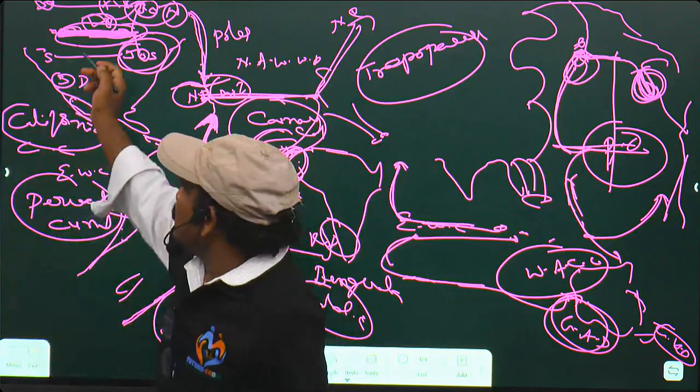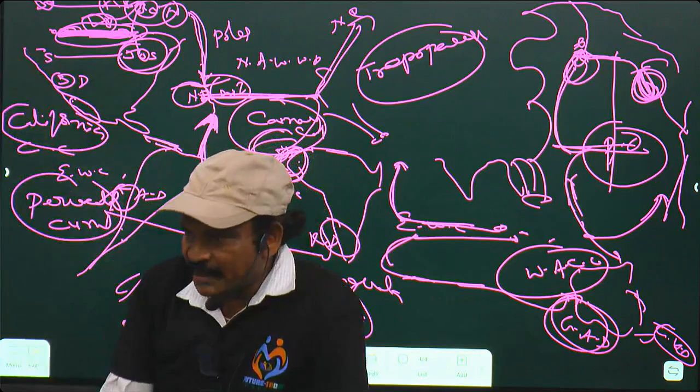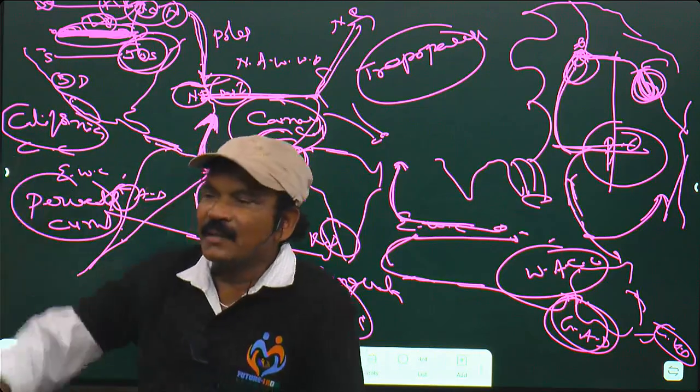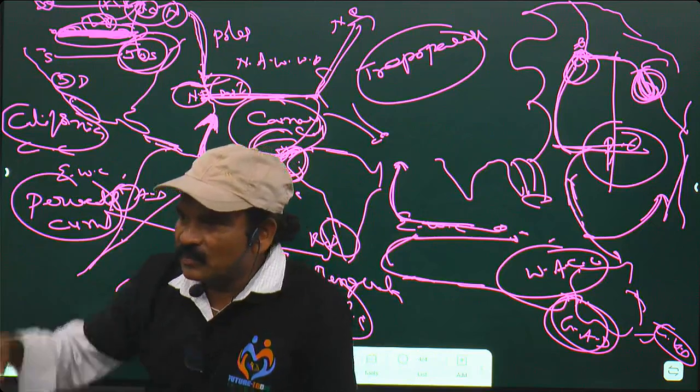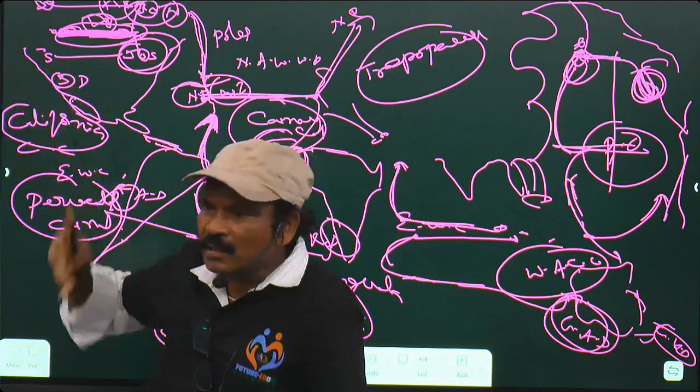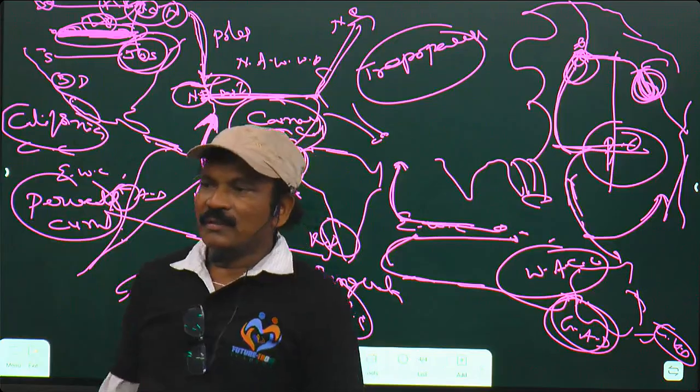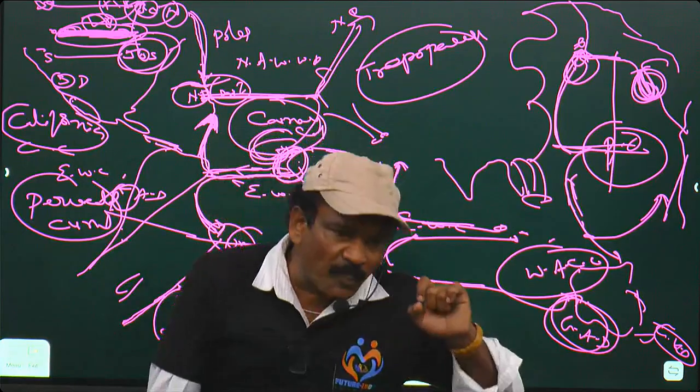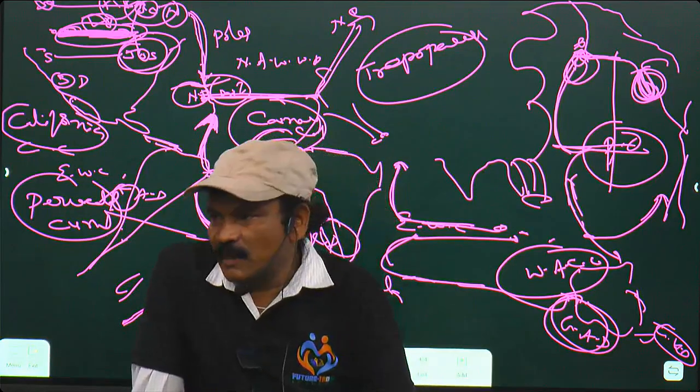That is why deserts are located in the western side of the continents, on either side, in the northern hemisphere and southern hemisphere. So this point is the subtropical high pressure belt.